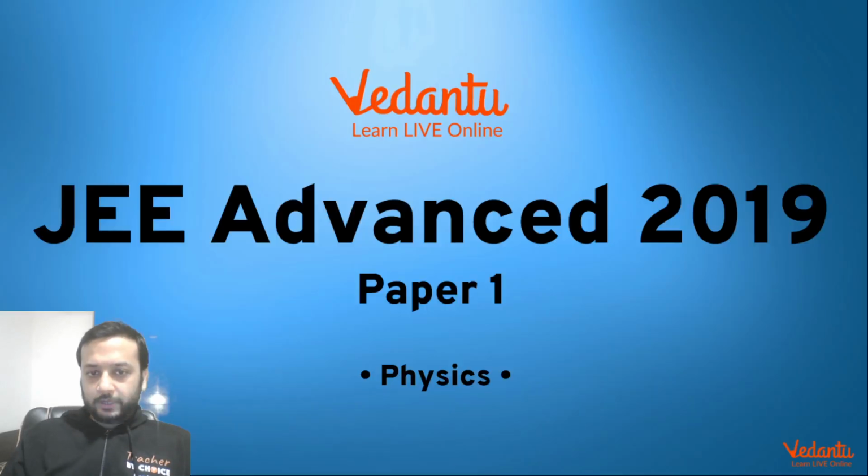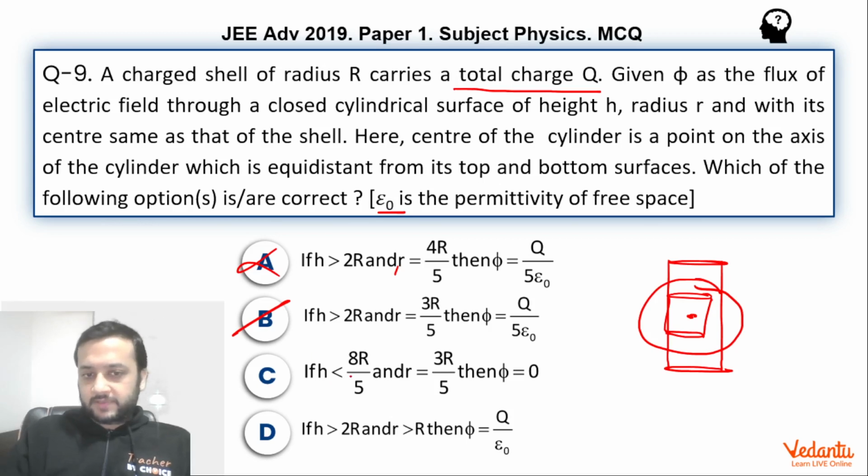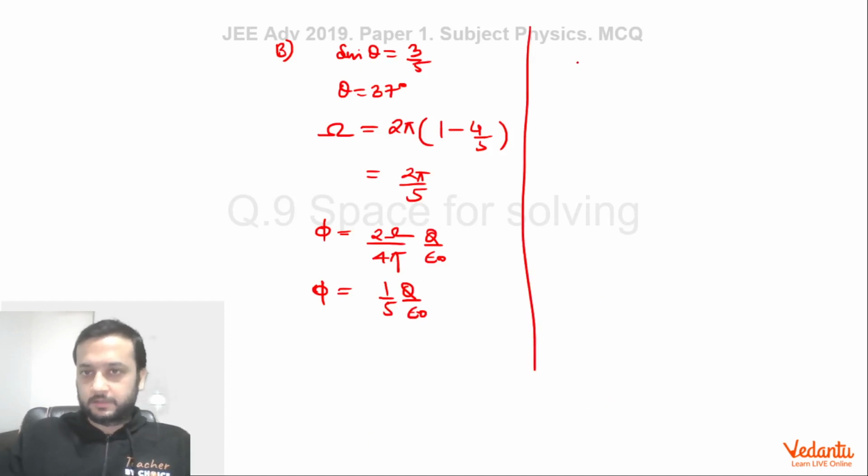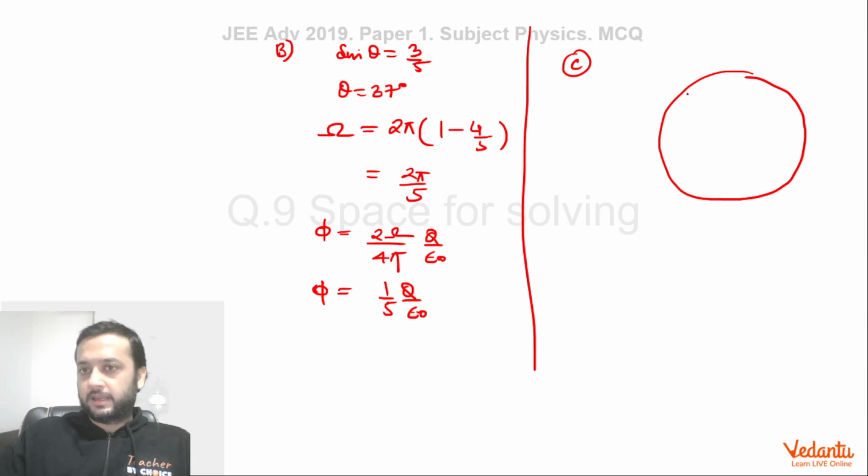Now, if you look at option C, if h is less than 8 r by 5, and the radius is 3 r by 5, then phi is 0. Let's see what the scenario is. Let's draw option C over here. If this is the shell, and the radius is 3 r by 5, let's see what the height of this cylinder is, which is just inscribed in the shell.